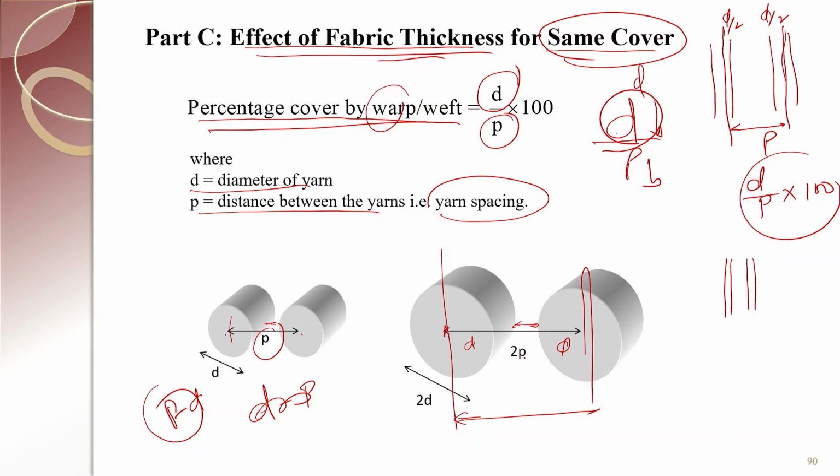In this case the spacing will be 2P minus 2d. So, that is the spacing.